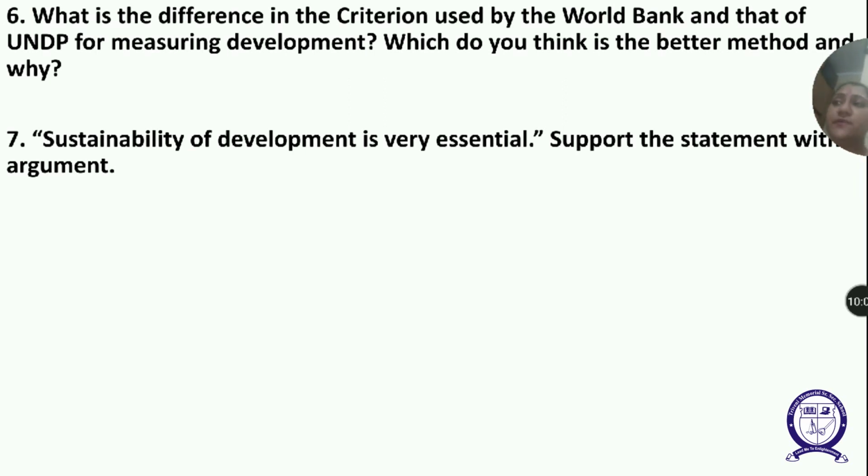In SST, statement questions also come in the examination. So, we will discuss that sustainable development is very essential. Sustainability has to be maintained for future generations. That process is called sustainability.